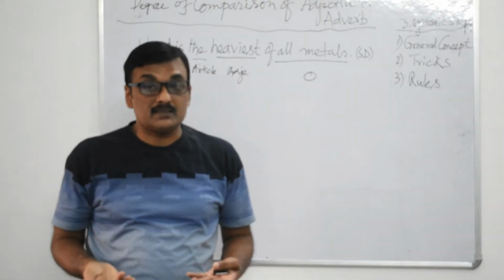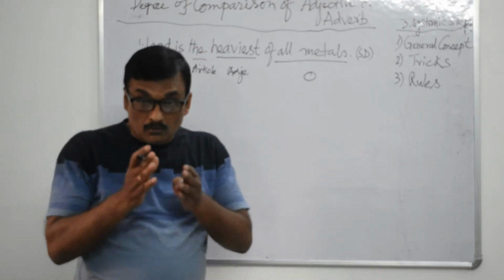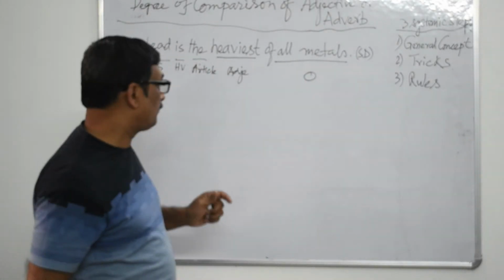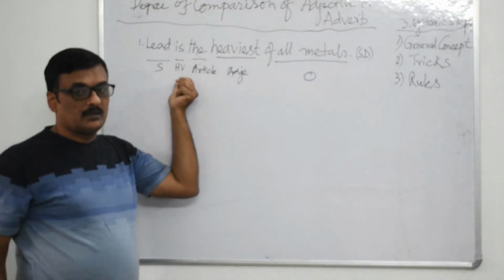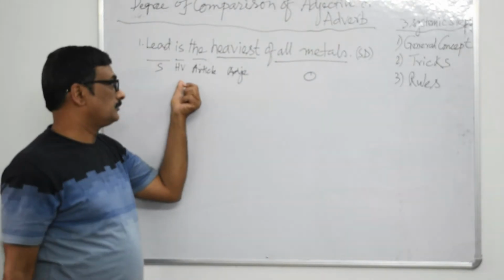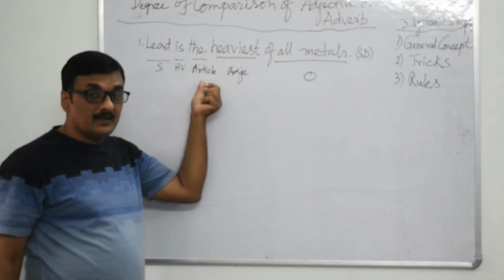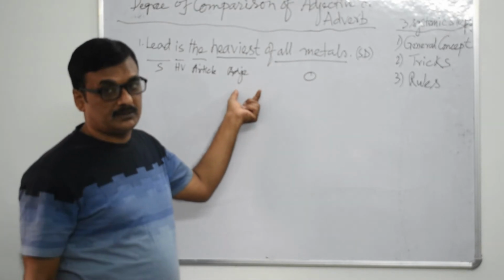So what are the properties of the superlative degree, or what are the rules? What to use and what to follow? That we can confirm now. First, in the superlative degree, the subject is used. Next, the helping verb or be verb is used. Next, always in the superlative degree, the article "the" is used. Next, the superlative form of the adjective is used.